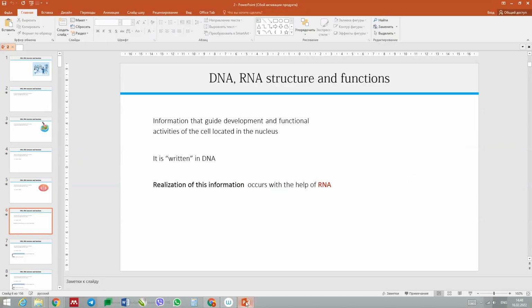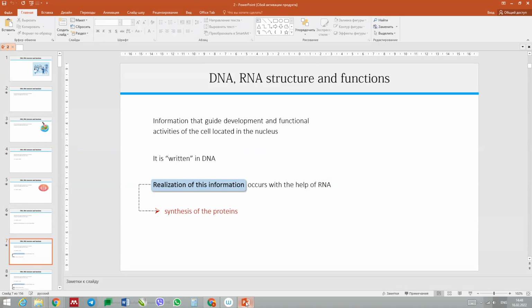At the same time, realization of this information occurs with the help of RNA. So we have DNA and RNA. DNA contains information inside and keeps it safe, while RNA is needed for this information to be used.